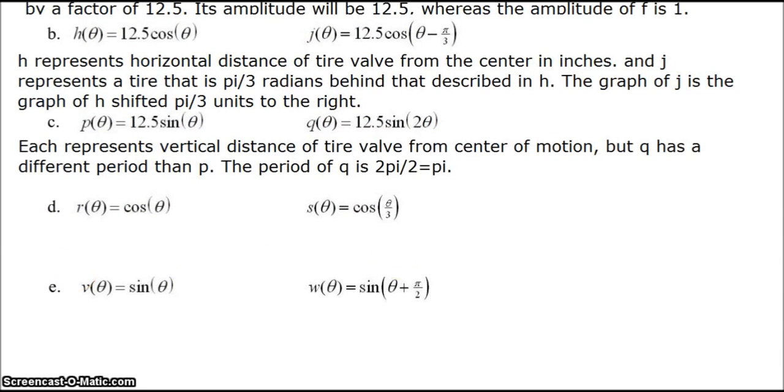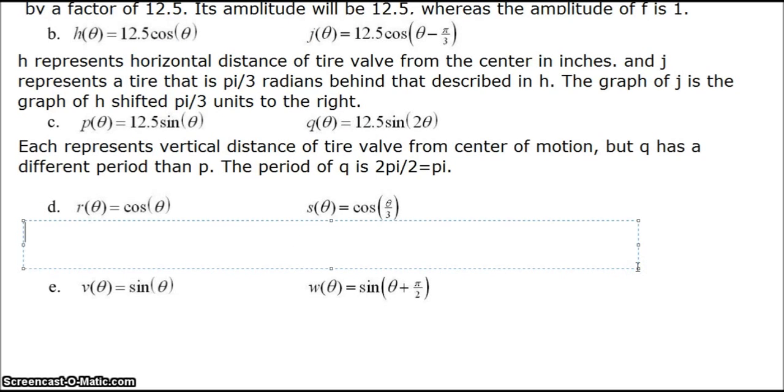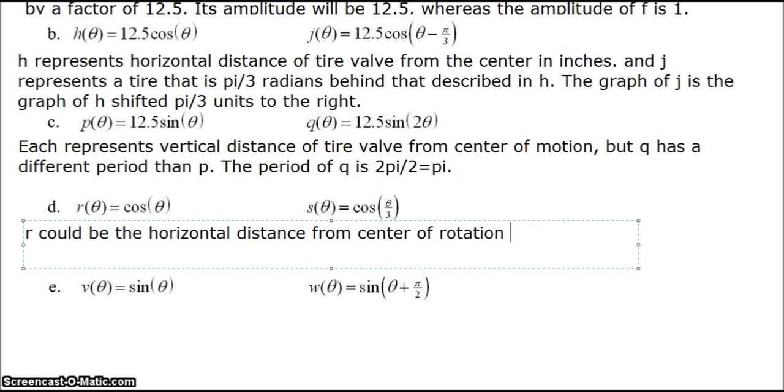Cosine of theta and cosine of theta over 3. So now that we're just back to a plain old cosine of theta function, the output of R could be the horizontal distance from center of rotation in radii for either the pedal or the tire.